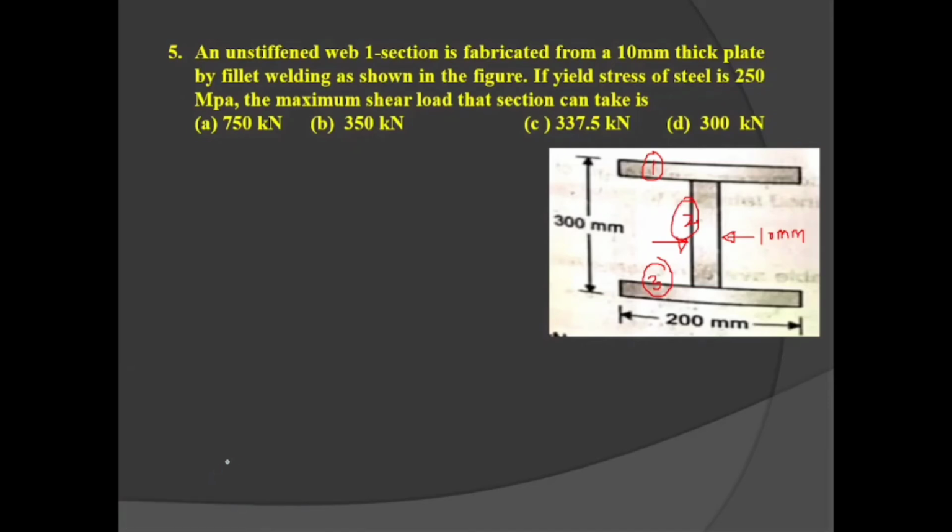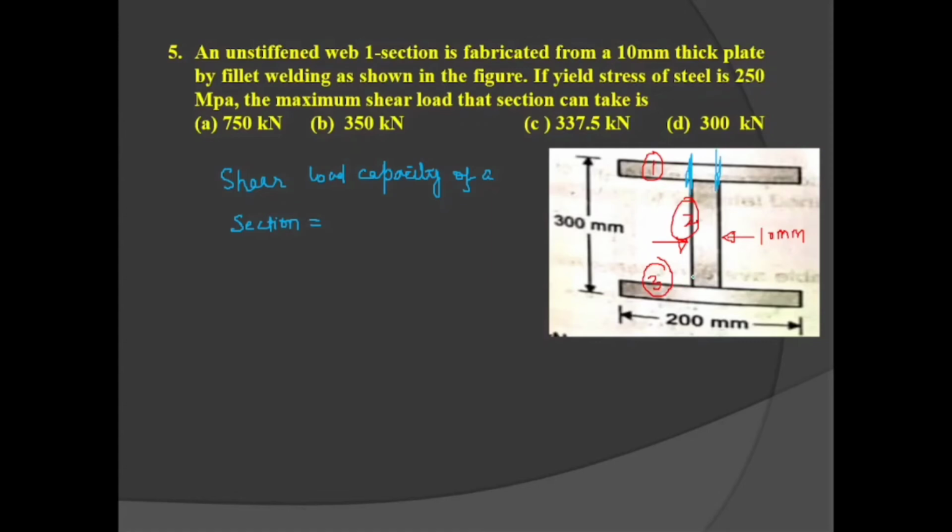So shear load capacity of a section is generally given by the shear area multiplied by the shear stress. So shear load capacity of a section is equal to the area, that is 300 by 10, because we had discussed that for all calculation purposes, depth of web is taken as the overall depth.